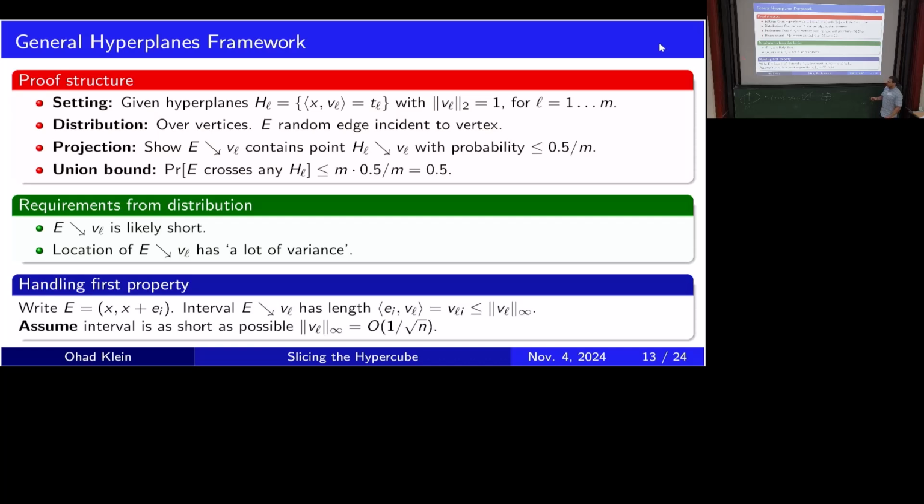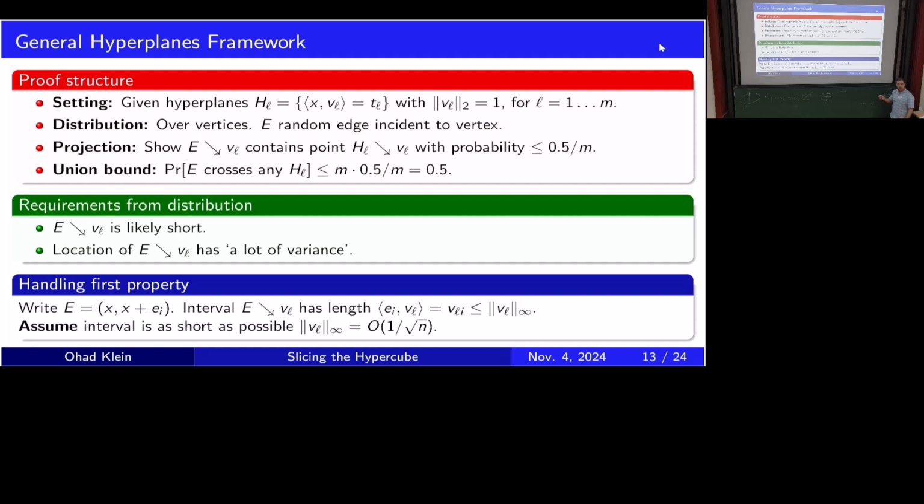Okay, so we want to have a distribution over vertices for which if you project the vertex on any normal vector, you will get a high variance random variable. How do you do that? Where do you get the square root? Because the v's are arbitrary, no? Yeah, but I assume that they have L2 norm equal to 1, and if you just choose a random vector with L2 norm 1.